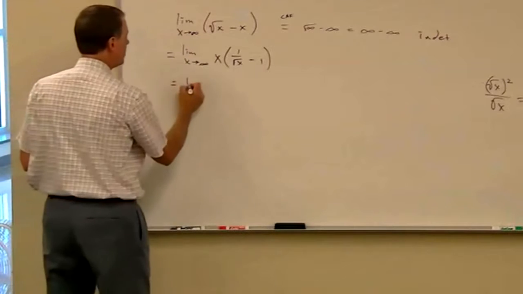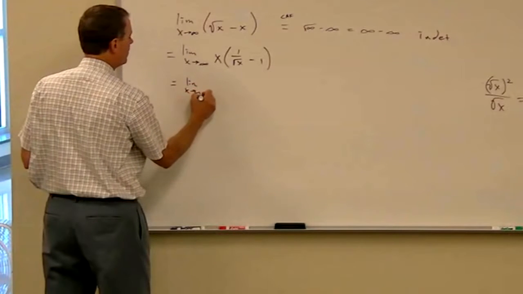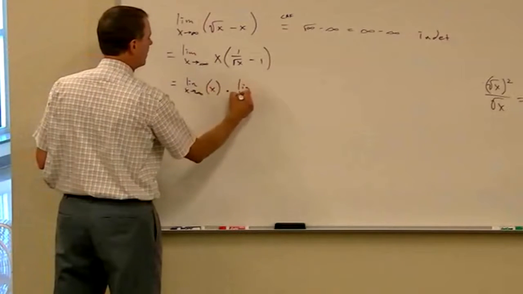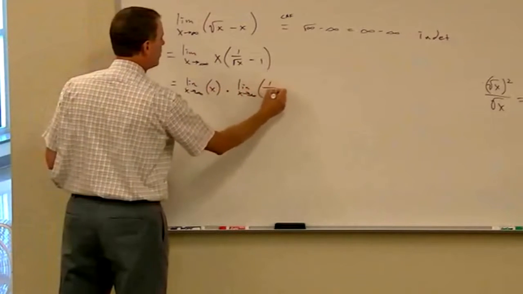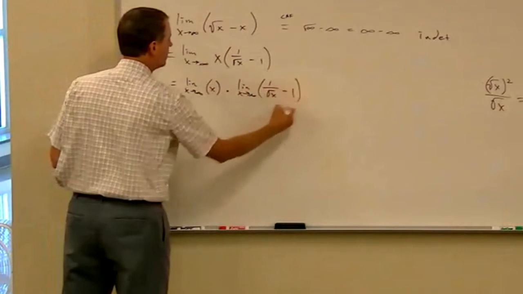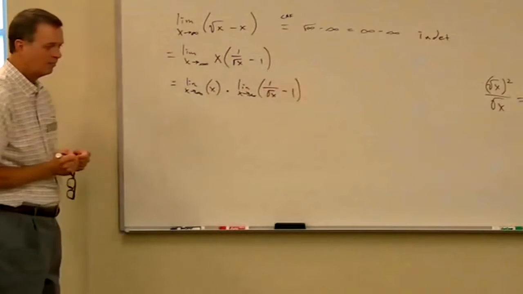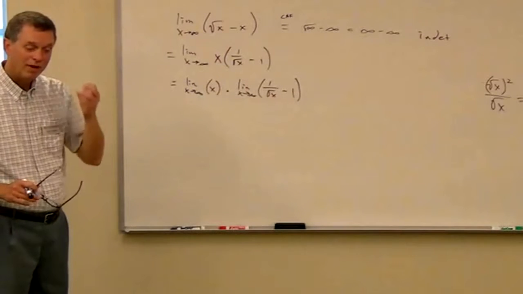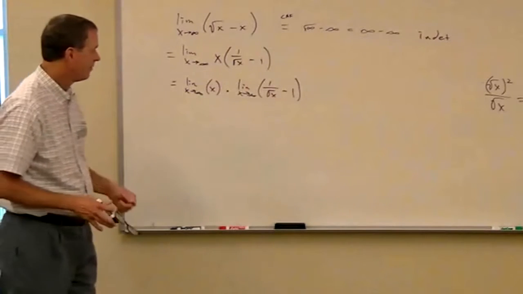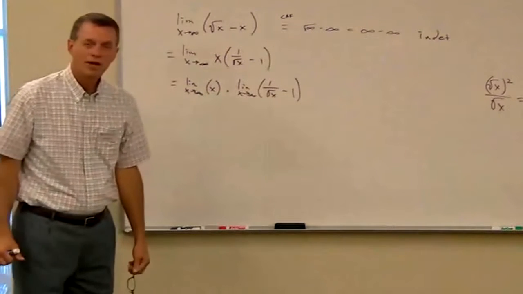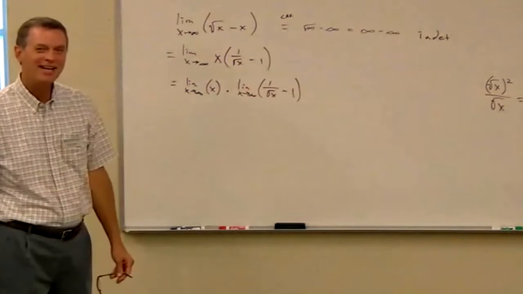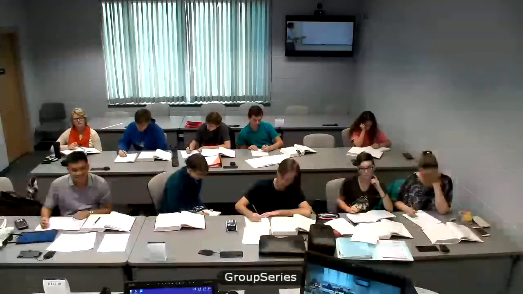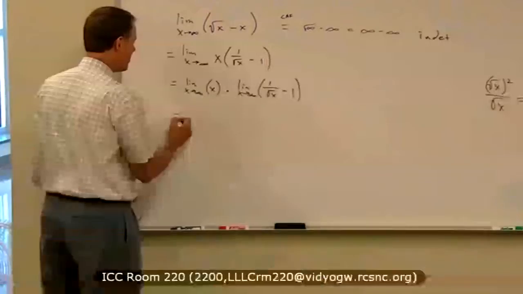So this will be the limit as x goes to infinity of x times the limit as x goes to infinity of 1 over the square root of x minus 1. Now we want to actually try to plug in infinity.